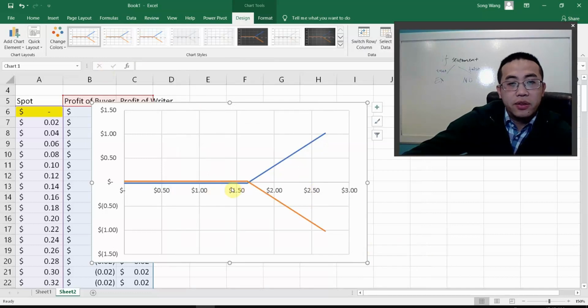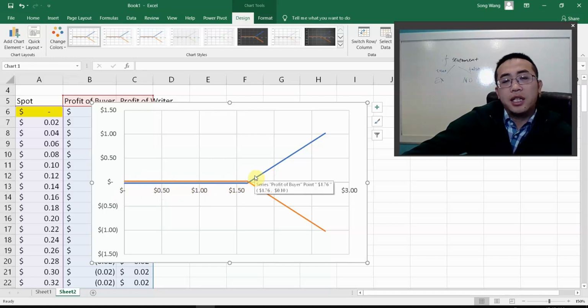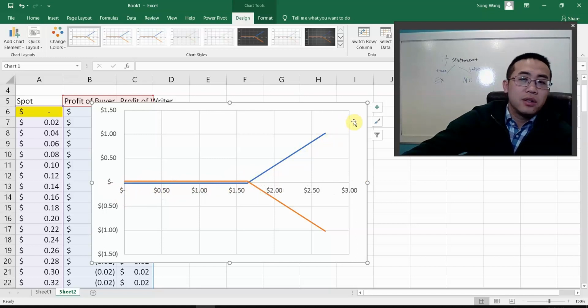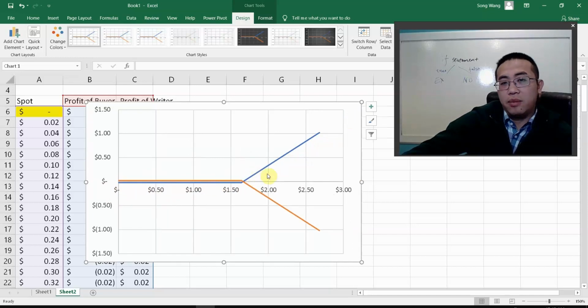You can see there is a little gap, which means these lines, either the orange line or the blue line, are not exactly at the horizontal axis.